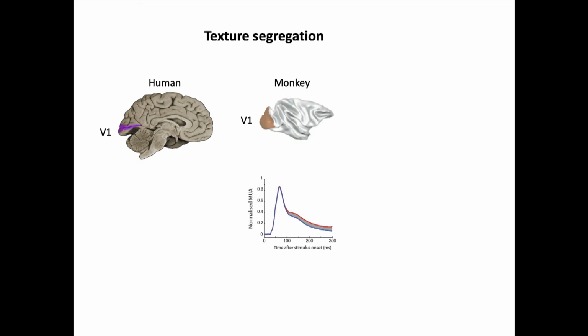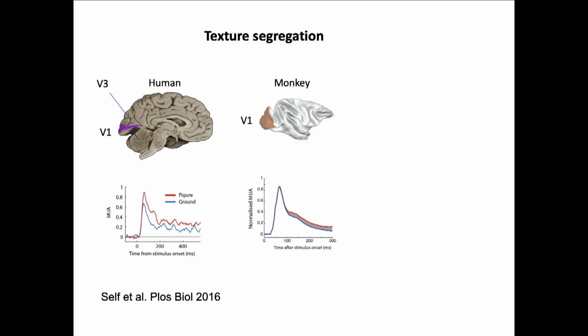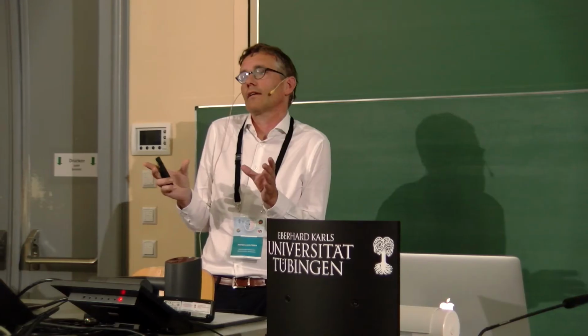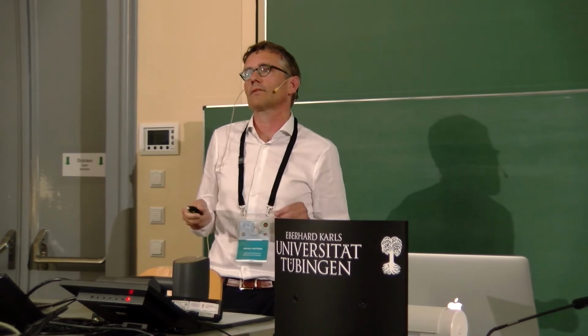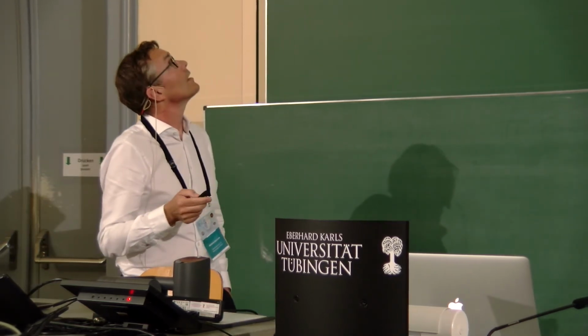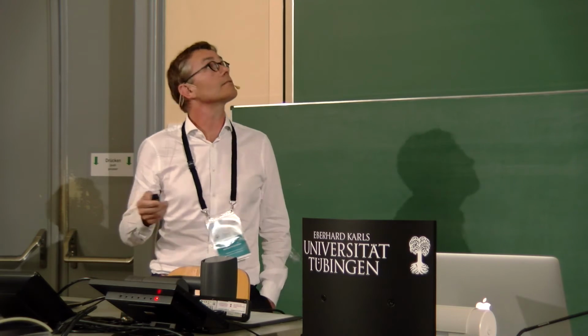And this was a very seldom case where they put an electrode in area V3, and then we got the same effect, so more activity elicited by a figure as opposed to a background. Now here it's early on, because V4 receptive fields are relatively large, and the figure had about the same size as the receptive field. Okay, so now we wanted to get the optogenetics results, so we went to mice.